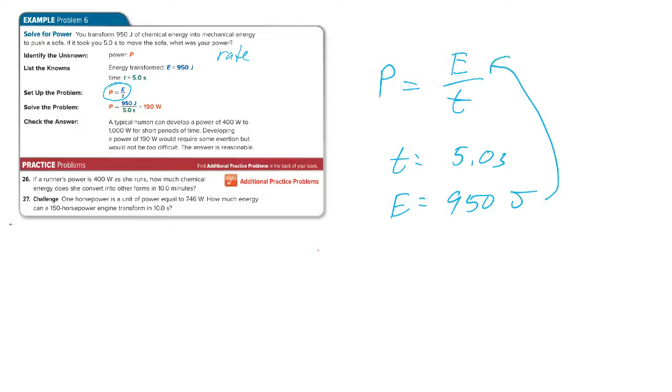You put your 950 here, put your 5 seconds there. You get power equals 950 joules divided by 5 seconds. And if you put that in the calculator, 950 divided by 5, you get 190 watts.